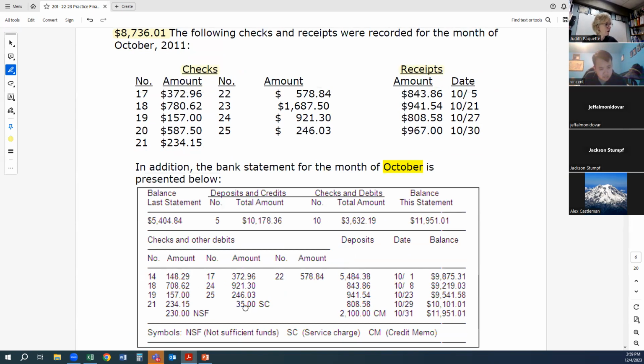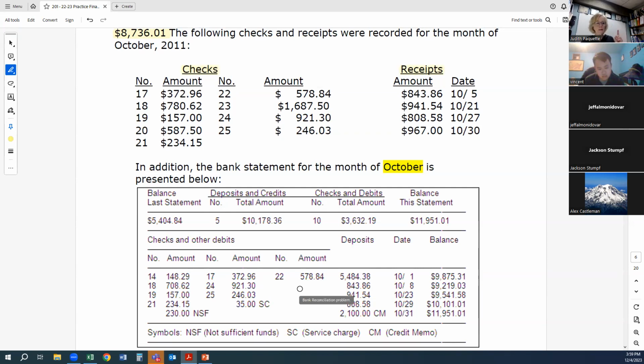So you've got 3 columns of checks, and then deposits. You've got 1 column of deposits. Okay. So then you say check number 18, did it clear the bank? It did. There's a problem with it, but we'll come back to that. Check number 19, yes, cleared the bank. Check number 20 did not clear the bank.